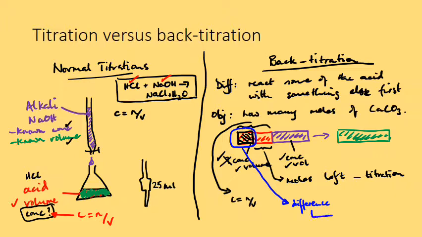So then you need to refer to your balanced equation to get the molar ratio. Use the molar ratio, and in this case we were using a 1 to 2 molar ratio, and that gives you your moles of calcium carbonate.